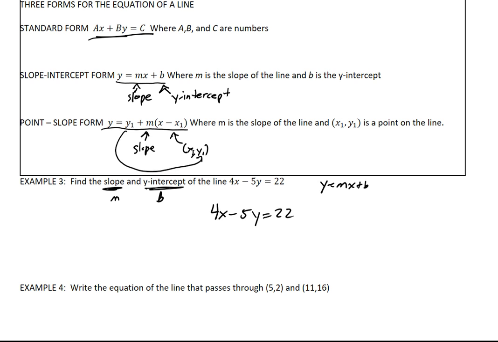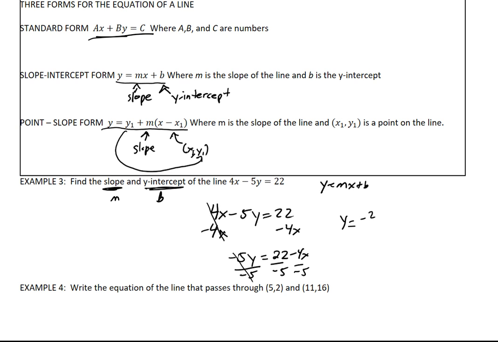First I would subtract 4x from both sides. These cancel, of course. I have negative 5y equals 22 minus 4x, or negative 4x plus 22, whichever you prefer. Divide everything by negative 5. And so I end up with y, because these negative 5's cancel, equals negative 22 over 5.